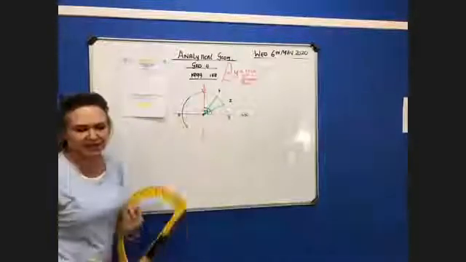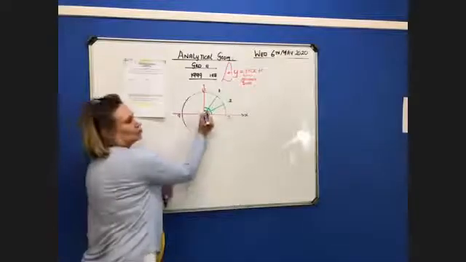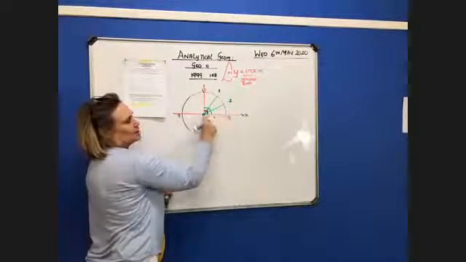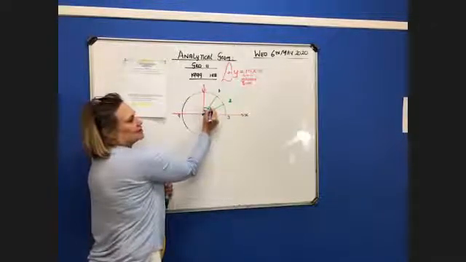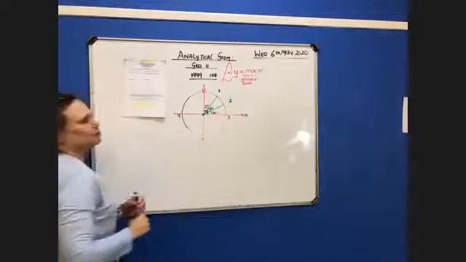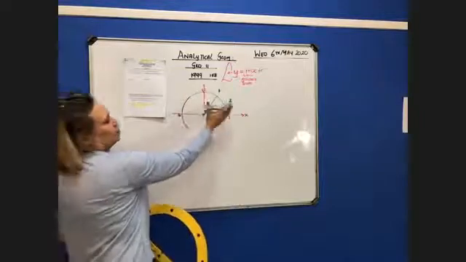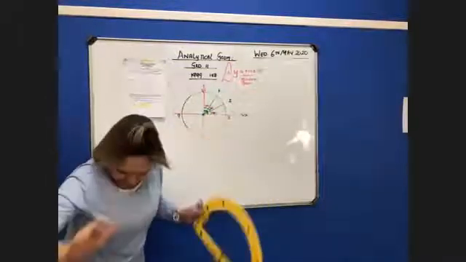They would be equal. Can anyone work that out? 30. Very good. So if the total of that quadrant is 90, then this would be 30 degrees, 30 degrees, 30 degrees. I'm not really interested in the bottom of the clock because they do talk about angle of inclination, which is always at the top. Sorry, there's my glasses.